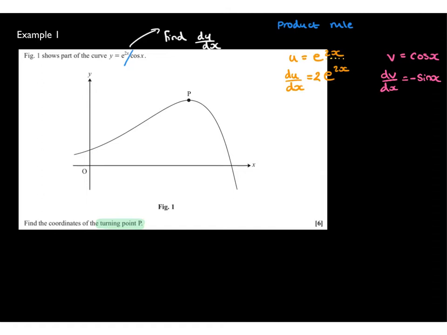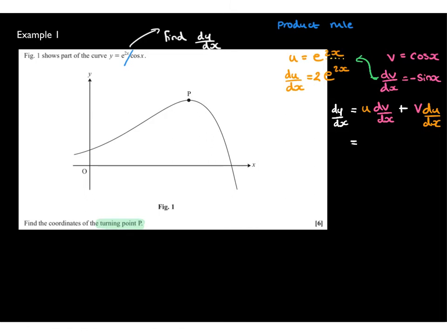And we can then set up dy by dx using the product rule, as this tells us that we need u dv by dx plus v multiplied by du by dx. So we have all of the component parts we need. Let's put them together. So first of all, u times dv by dx.